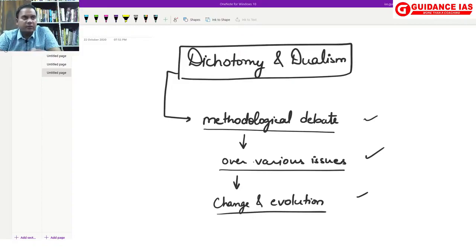Change the paragraph. You write: in geography, dualism and dichotomy lie in its approach, subject matter as well as methodology.